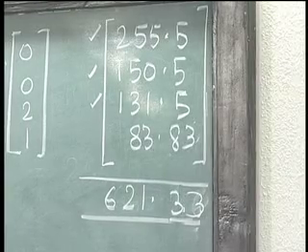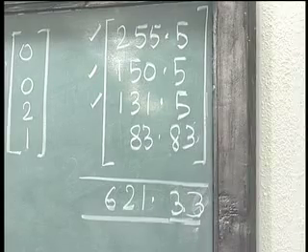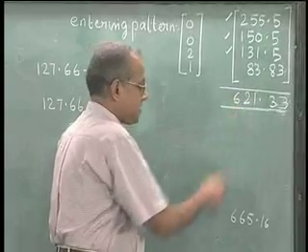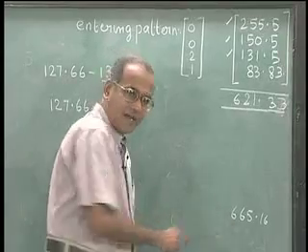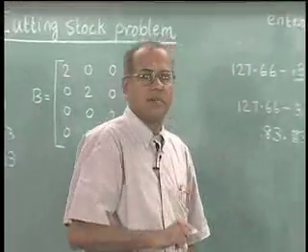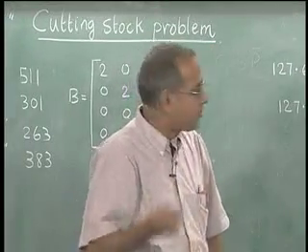We can also find out that the decrease from 665.16 to 621.3 is exactly equal to the product of Cj minus Zj and theta, which we are familiar with.